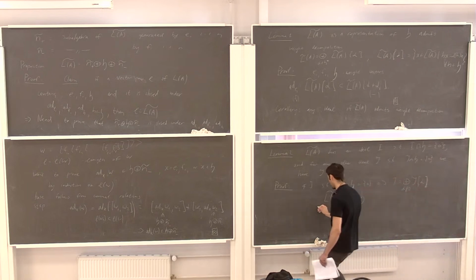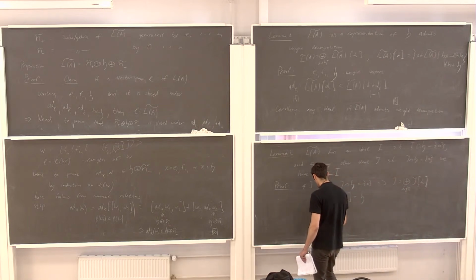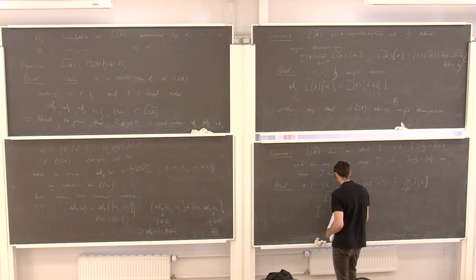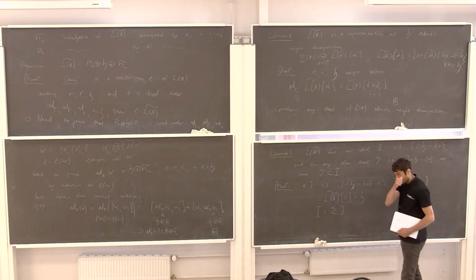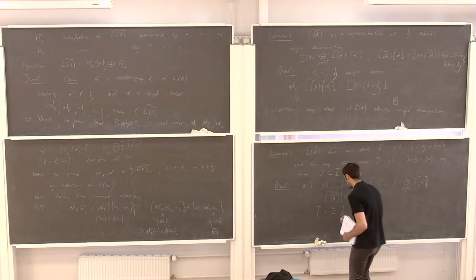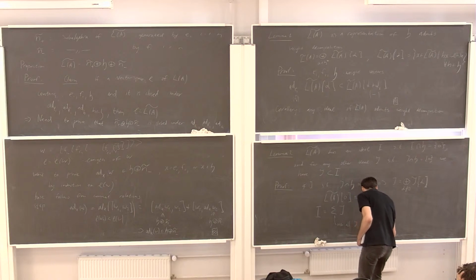So therefore, I can take I to be the sum over all such J's. So this is just the sum of all ideals with this property, over all J such that J intersect H is 0.